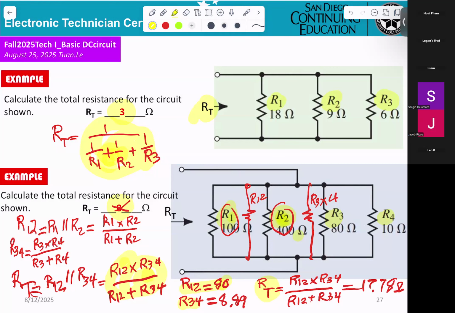Did you add 80 and 8.89 together before you divided? Oh yeah, you have to add. Yeah, you have to divide 711.2 by 88.89.